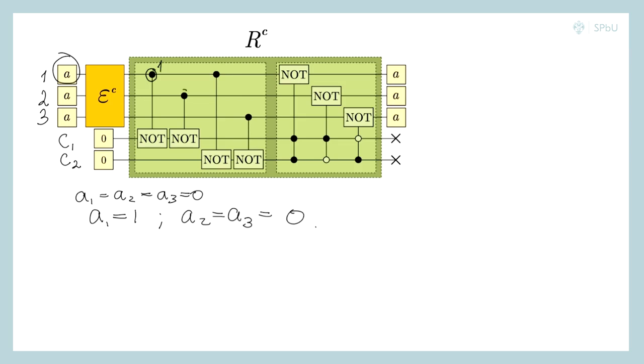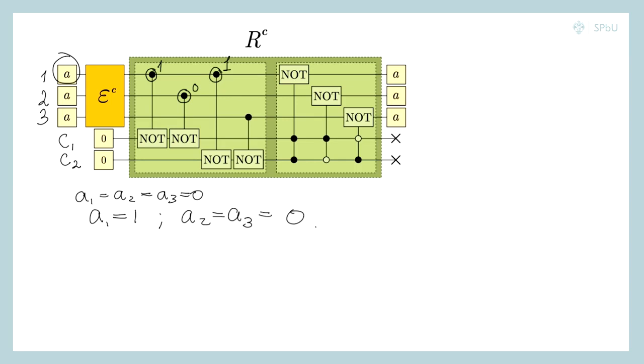Since our second bit is equal to 0, the second CNOT element doesn't change the ancilla bit, since the control bit equals 0. The third CNOT, again, since our control bit is equal to 1, changes the value of the C2.